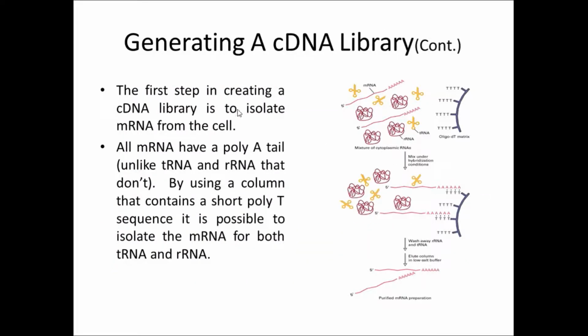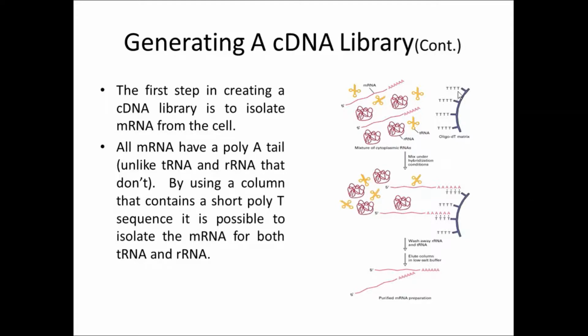Okay. The first step in creating a cDNA library is to isolate the total mRNA from the cell. Here the process is described in detail. Here is an oligonucleotide matrix. This is a type of chromatography with a stationary phase.